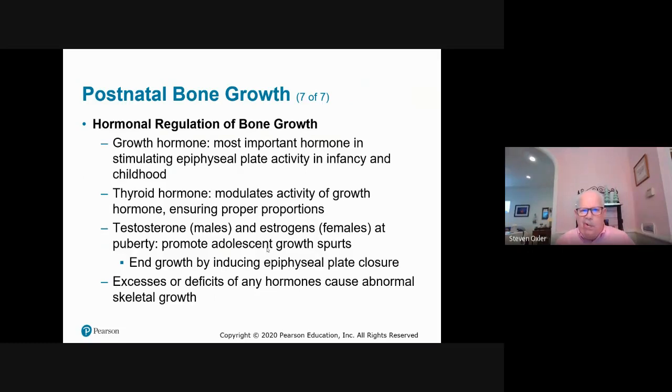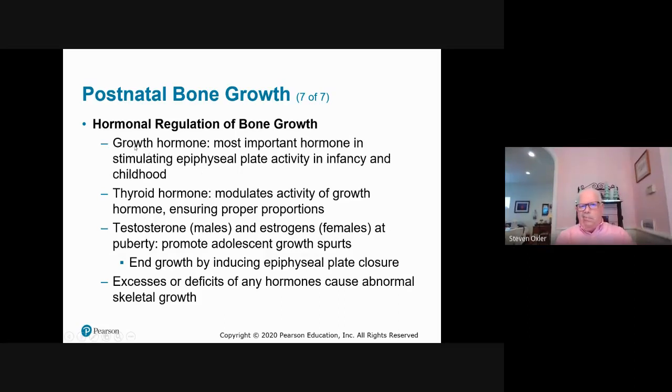If you have an excess or deficiency in any of these hormones, you will get problems.